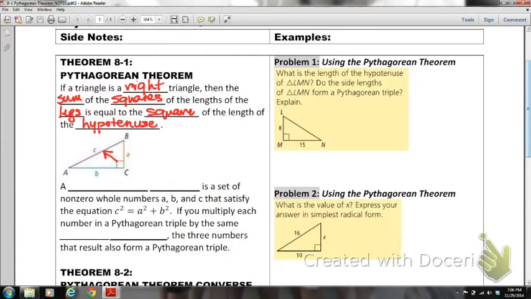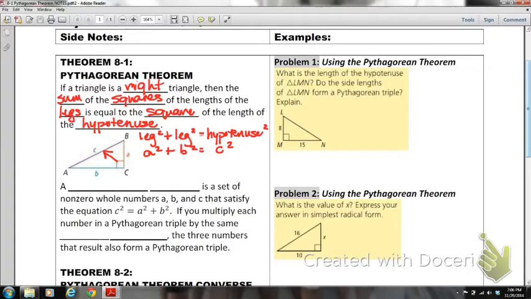So in this diagram, we have the square of a leg plus the square of a leg is going to be equal to the square of the hypotenuse. In this diagram, that's going to be a squared plus b squared is equal to c squared, which is probably how you have learned this.